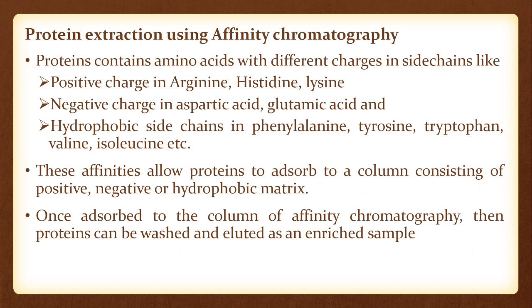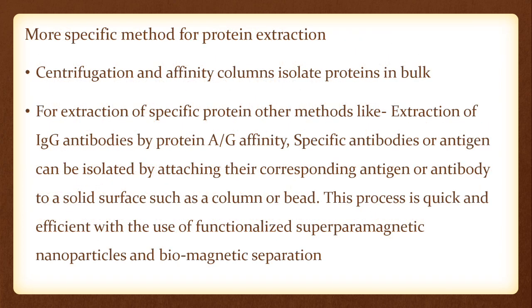So based on these affinity properties, they are adsorbed and separated out. More specific methods for protein extraction: centrifugation and affinity columns isolate protein in bulk, whatever we discussed before.